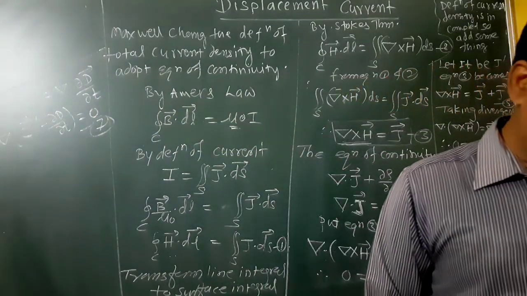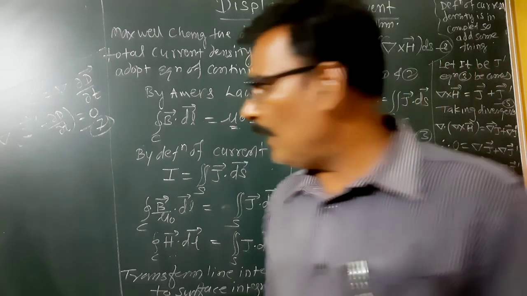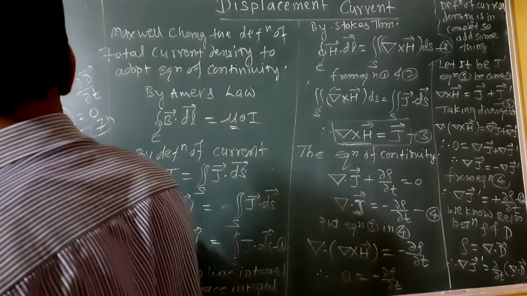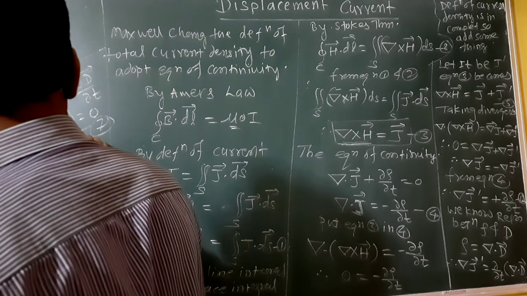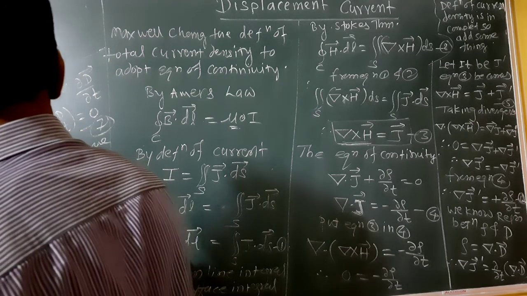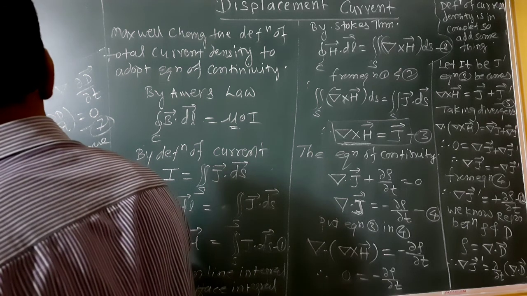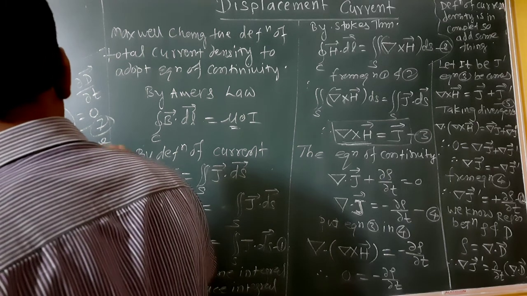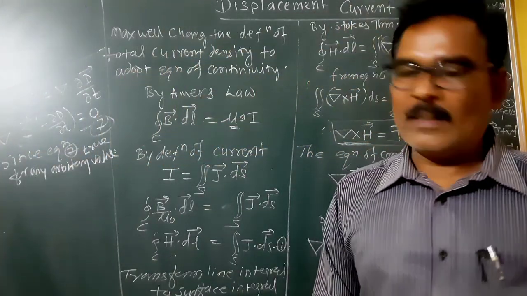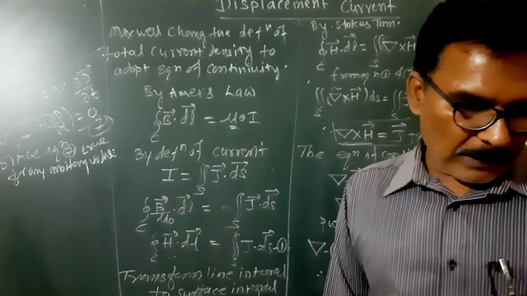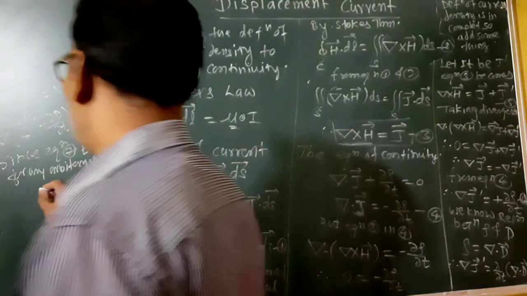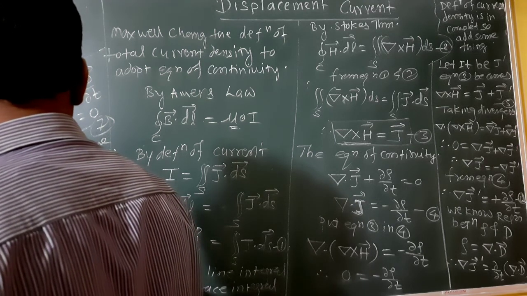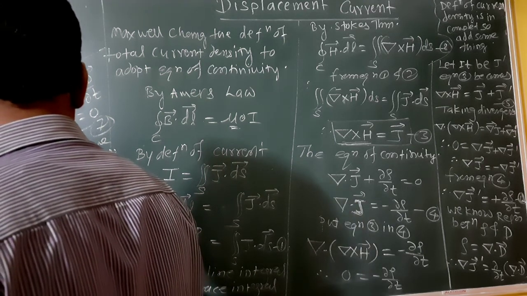Since equation 7 is true for any arbitrary value, the divergence becomes 0. Therefore J bar dash is equal to dou D bar by dou t.